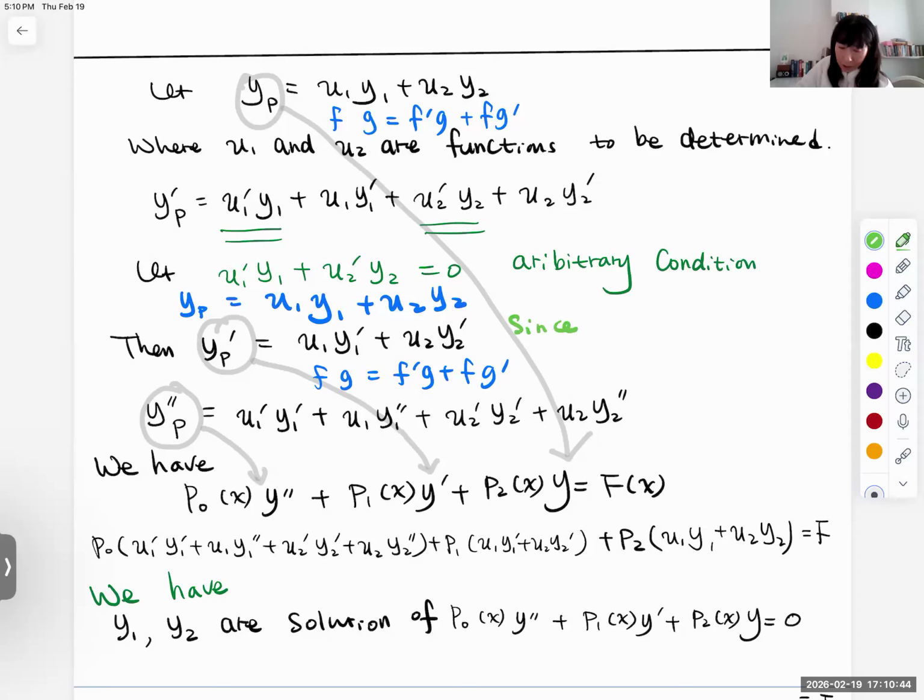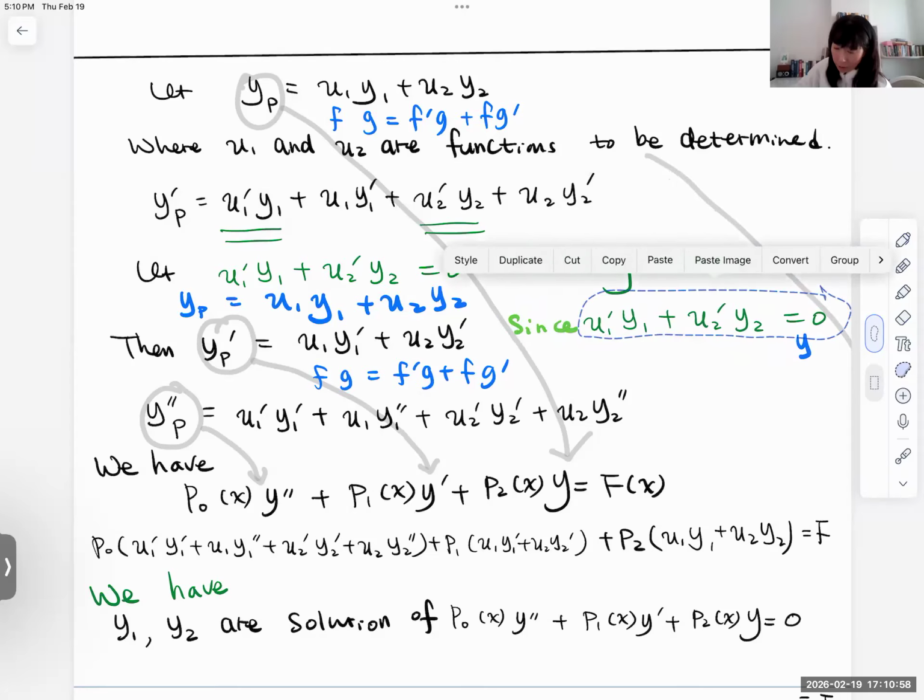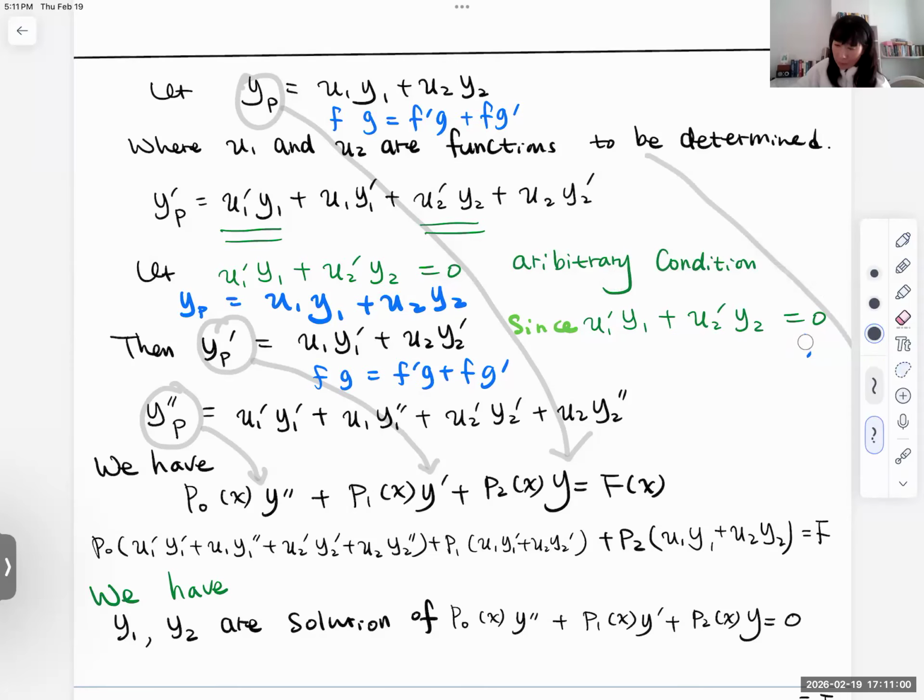Make sense to you? Okay, now what are we doing? We want to get y sub p second prime from the first prime. We have only this, and the other part is equal to 0. Now we use the product rule.